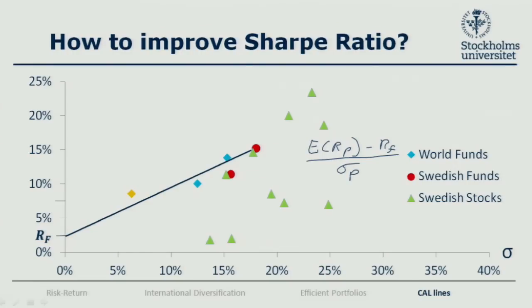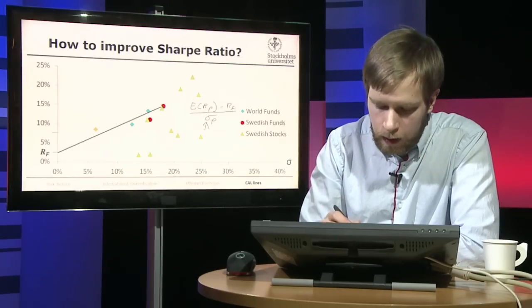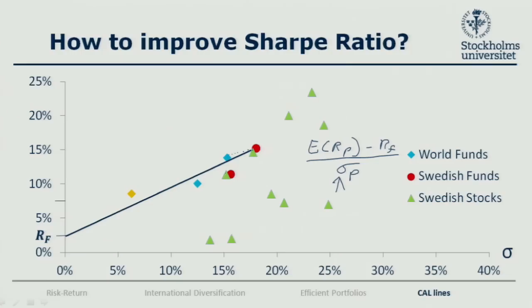Of course, if you can find stocks which perform very well, so the return goes up, that's good for you. But the easiest way, most likely, is to reduce the risk, the standard deviation of the portfolio, and you do that by diversifying. And in this case, we see quite clearly that at least for Swedish funds, it's been a gain investing globally or in global stocks.